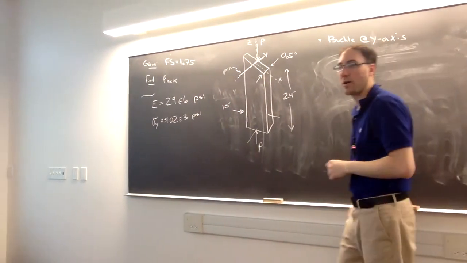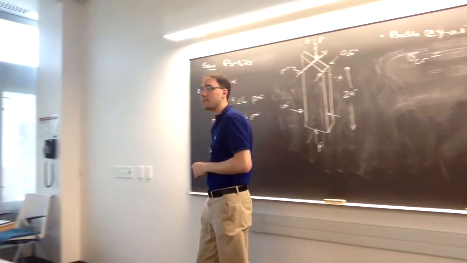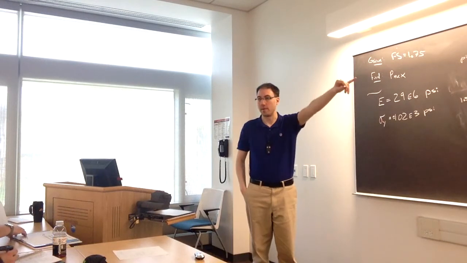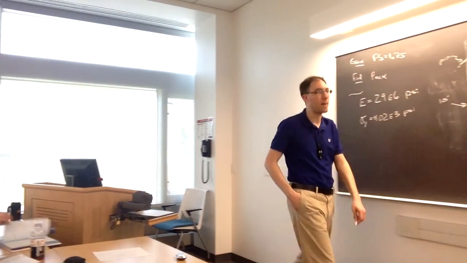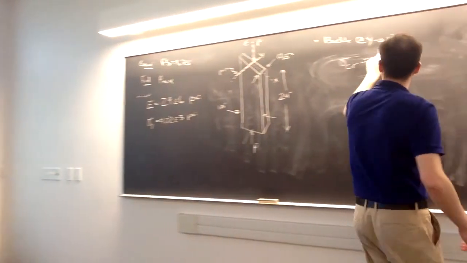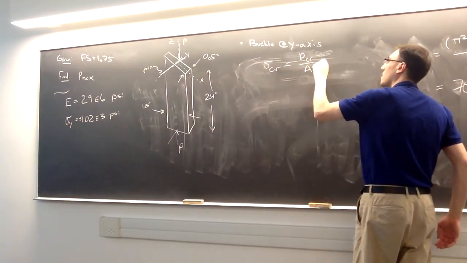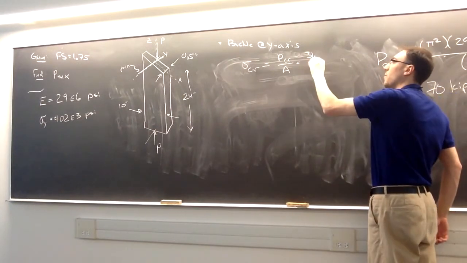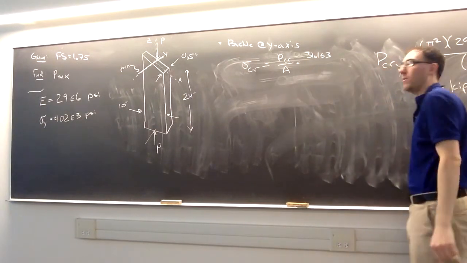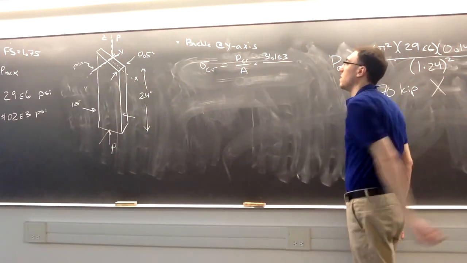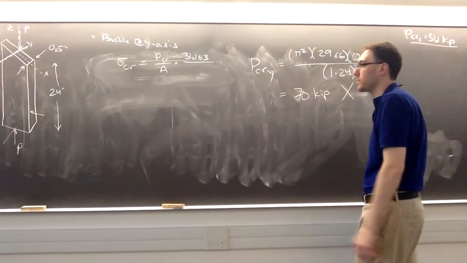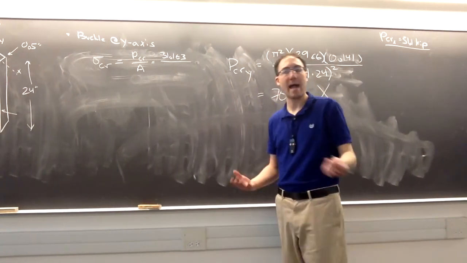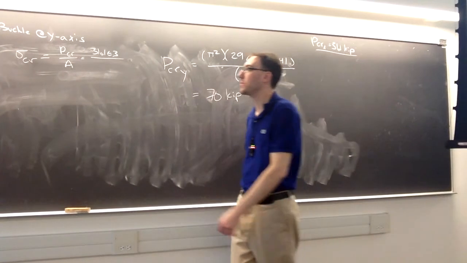So we can calculate, I'll call it the critical stress here. What is the stress in the column if we were to apply that buckling load that we would say buckles at the 31.1 kip? So in this case, we want to use that critical load we found, 31.1 thousand pounds, over the cross-sectional area, because this is how we compute our axial stress as we have in the past.